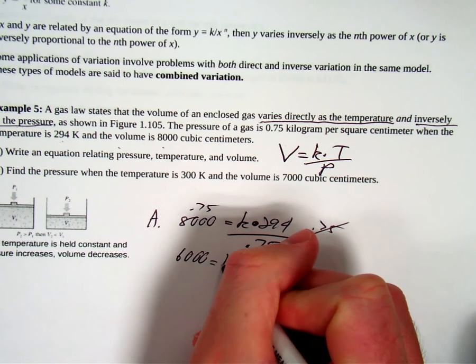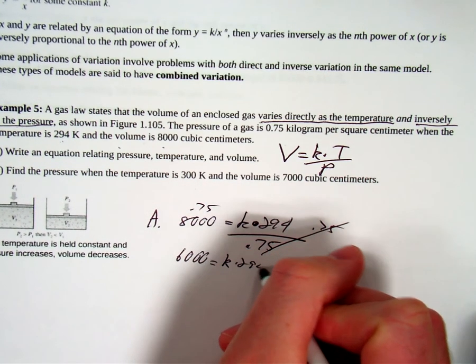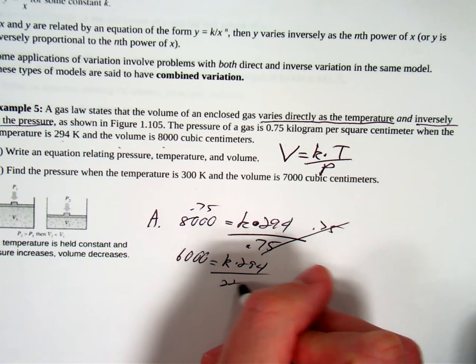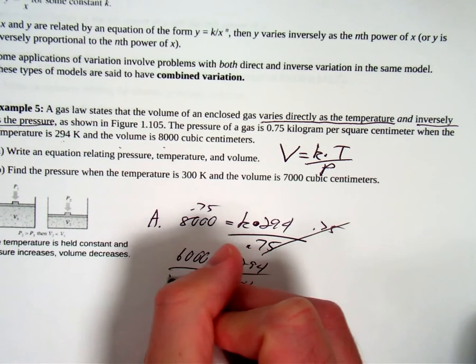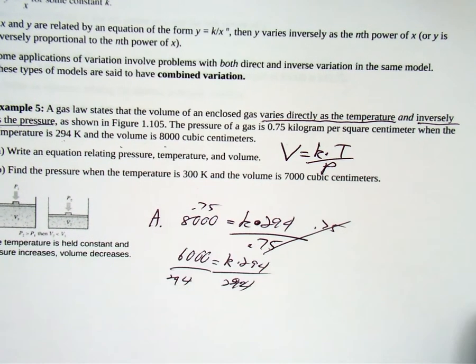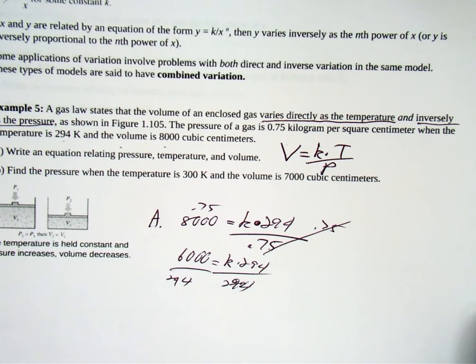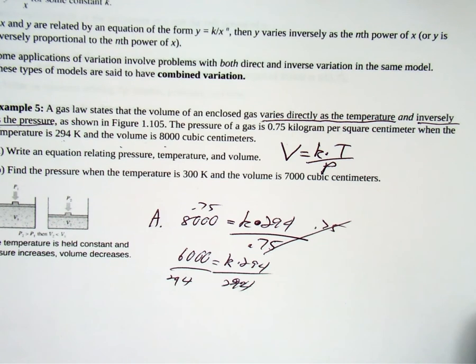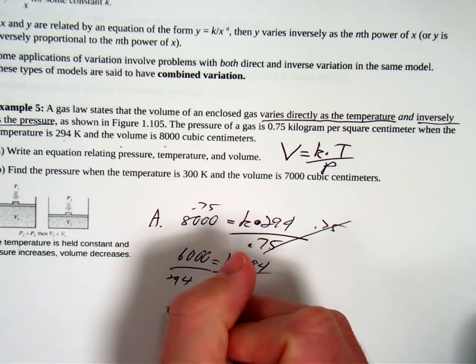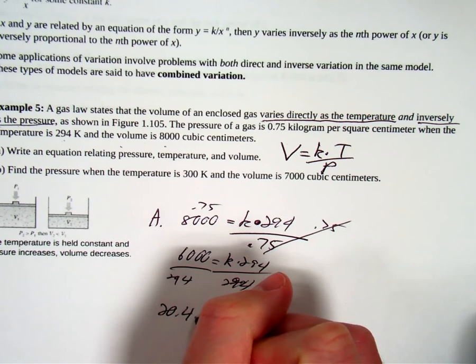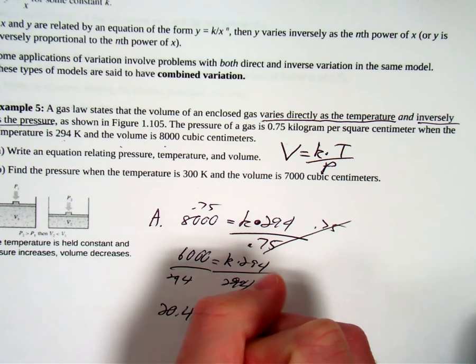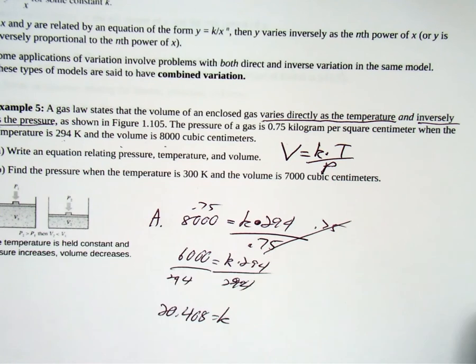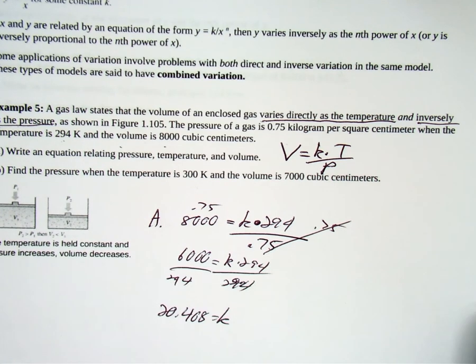Equals constant K times 294 divided by the 294. Now 6,000 divided by 294, and our constant K is about 20.41, 20.408. Did it say what to round to? It did not say what to round to.